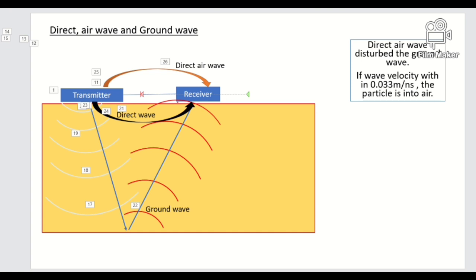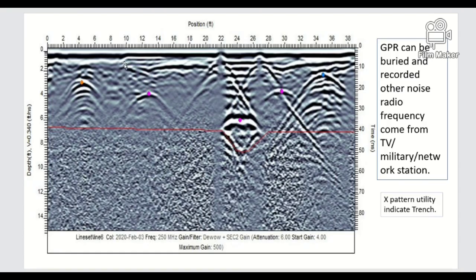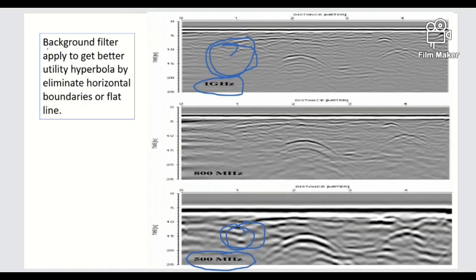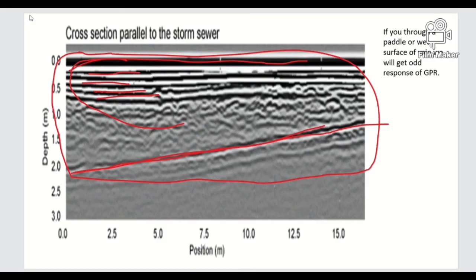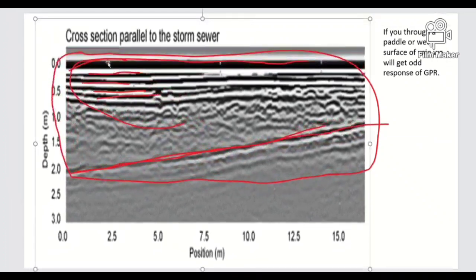It will give more black and white disturbing noise at the top of the first layer here. It will give this type of black and white band as a straight line.